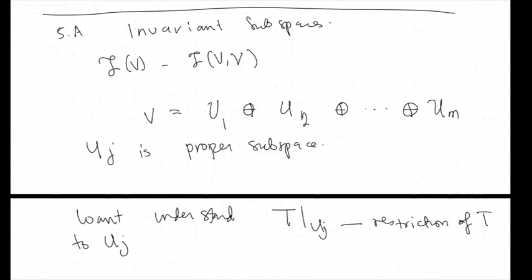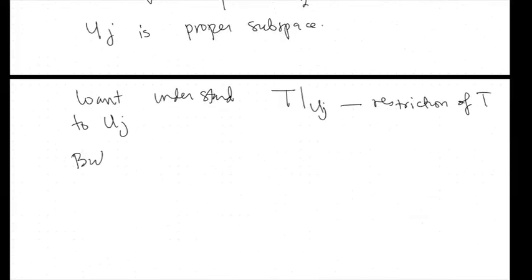Dealing with T restricted to this subspace should be easier than dealing with T, because Uj is a smaller vector space.